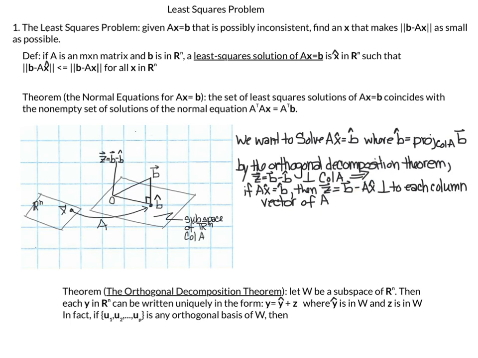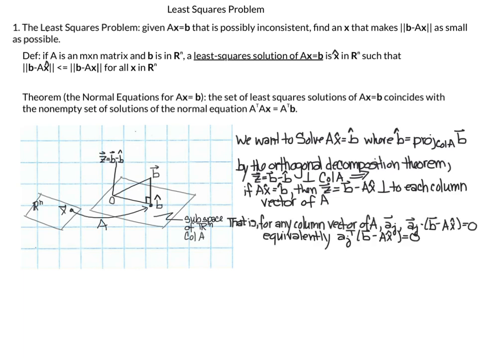So Z equals B minus AX hat, which is perpendicular to each column vector of A. That is, for any column vector of A, for example A sub j, A sub j dot B minus AX hat equals 0.